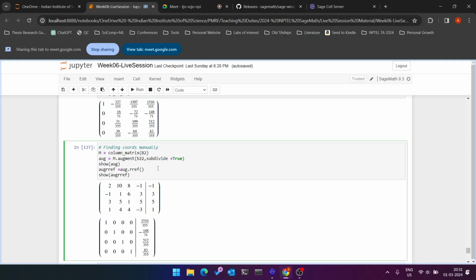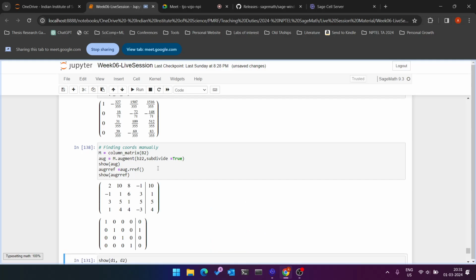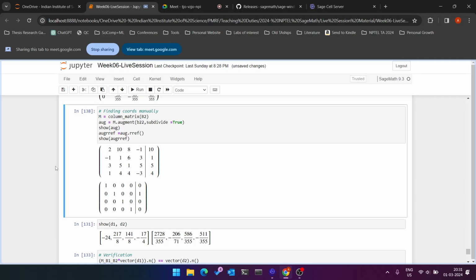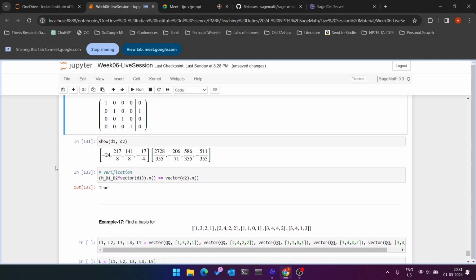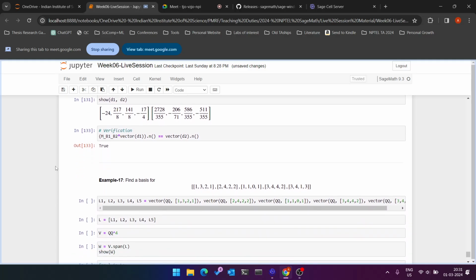So like the second column of B2, this is what we get: 0, 1. Okay, so that completes the problem of coordinate transfer. Hopefully it's clear. If not, you can ask any doubts on that now.